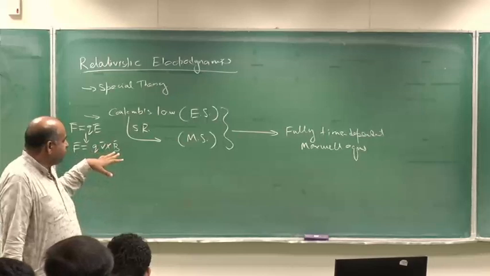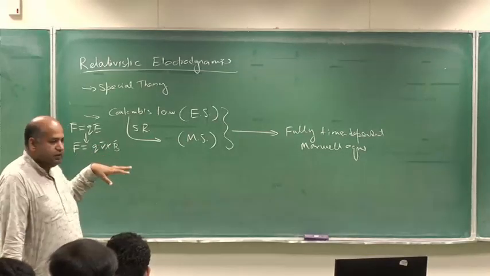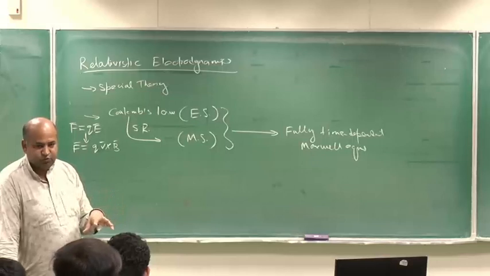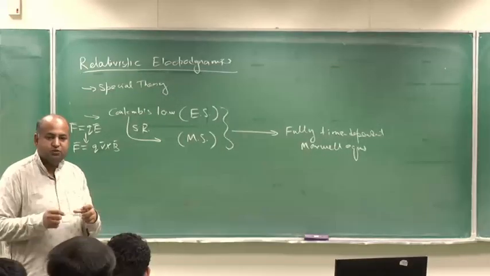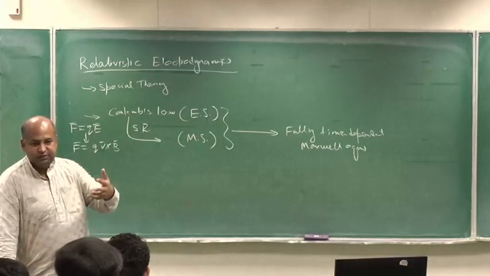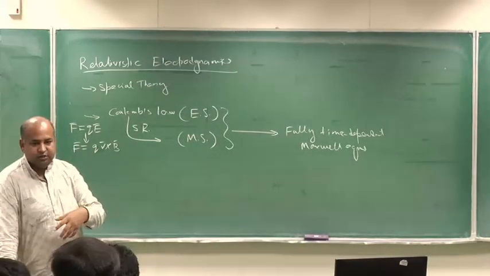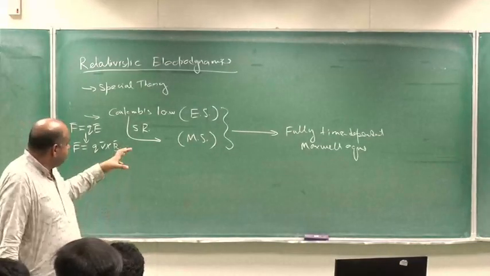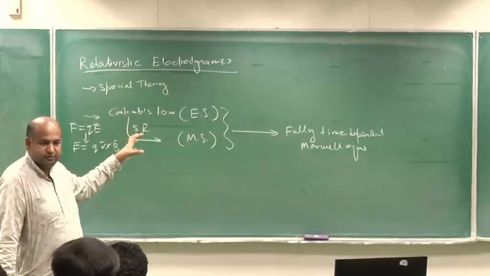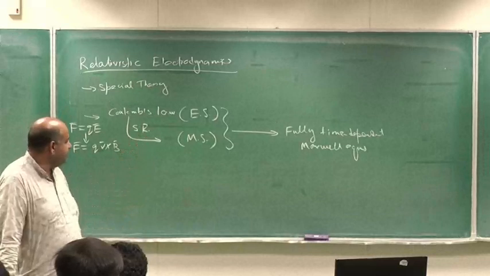But in this part of the course, my emphasis will not be on solving problems as you do in a conventional electrodynamics course. Okay, you are given some charge distribution, some current distribution, and you are asked to find fields that are radiated by those charges and currents. Instead, we will be more concerned with the formalism and abstract presentation of electrodynamics.